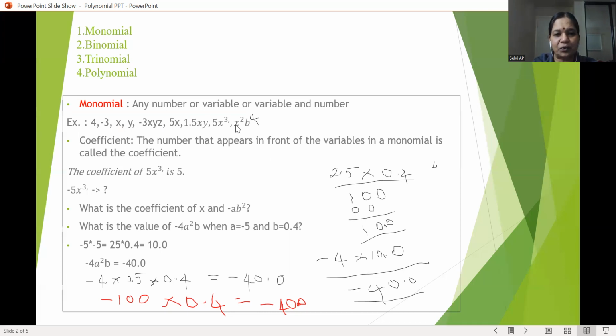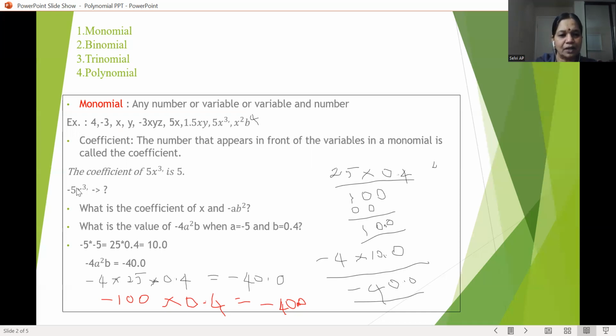Here x square b power 4, but it doesn't mention any coefficient here. So what do you think is the coefficient of this term? Whether it's mentioned or not, you have to consider that the coefficient of x square is 1, the coefficient of b power 4 is 1.